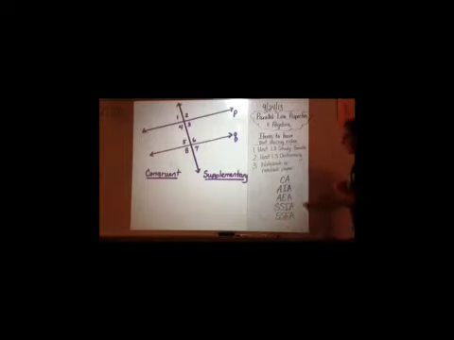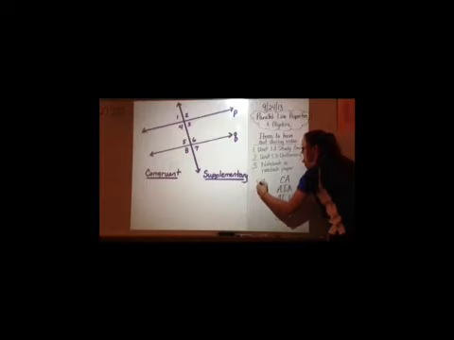Keep in mind these are the abbreviations that we will be using throughout our video today, and we may even need to go back and think about our vertical angles and linear pairs from a previous unit.